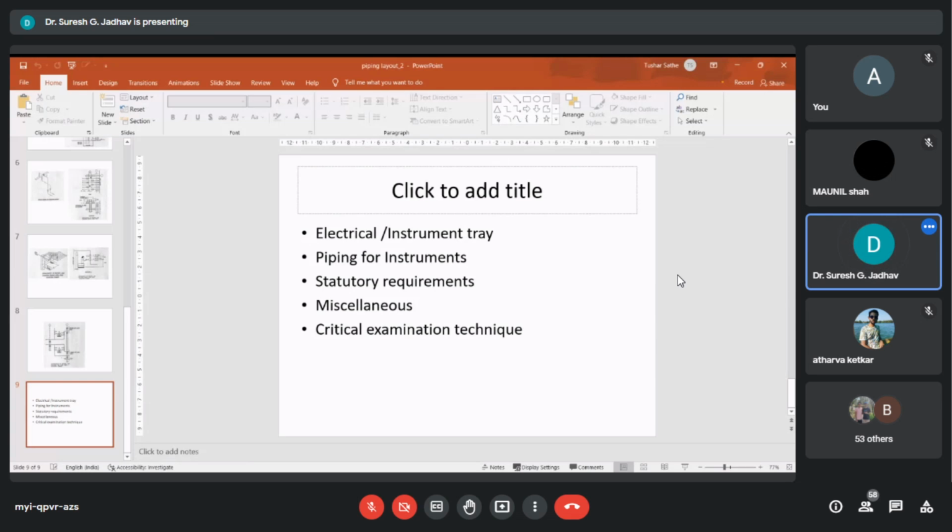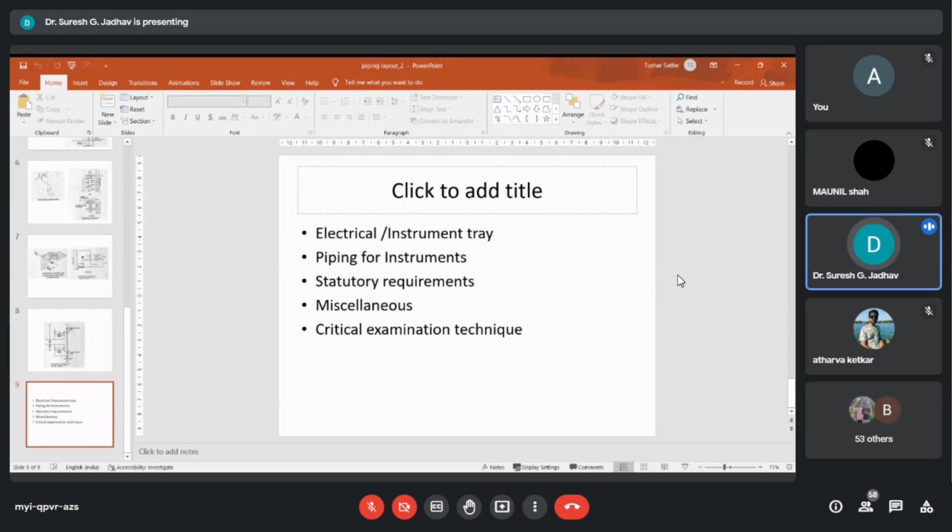Piping engineers should be aware of these requirements and should take care of the same while routing these pipelines. In the first case, flow measurement instruments need a certain straight length upstream and downstream of the instruments. This is normally 1.5 diameters on the upstream and 0.5 diameter on the downstream.